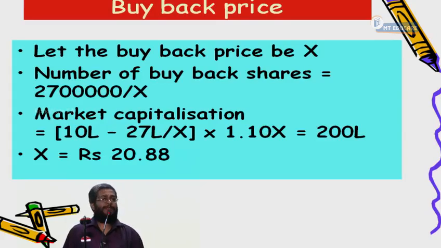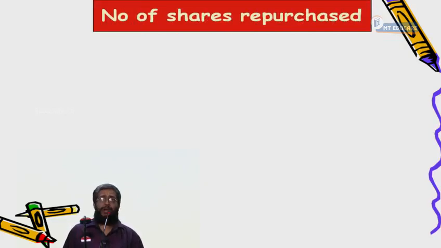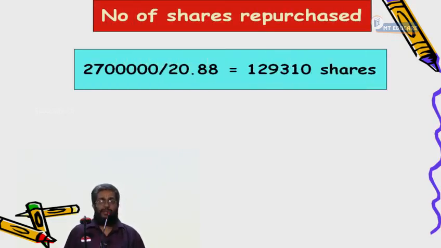Next. Buyback price over. Step 2, number of shares bought back. Number of shares repurchased. Underline that.